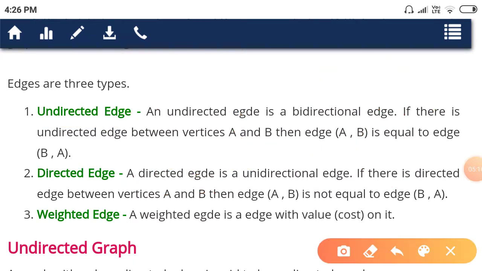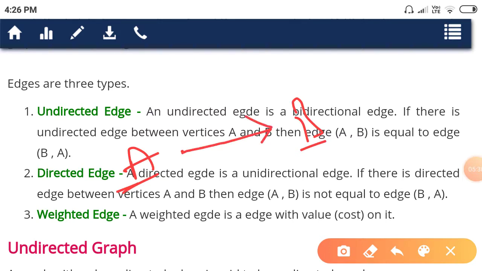The directed edge is a directional edge. If there is a directed edge between the vertices a and b, then a comma b is not equal to b comma a. Imagine a and b are two cities.